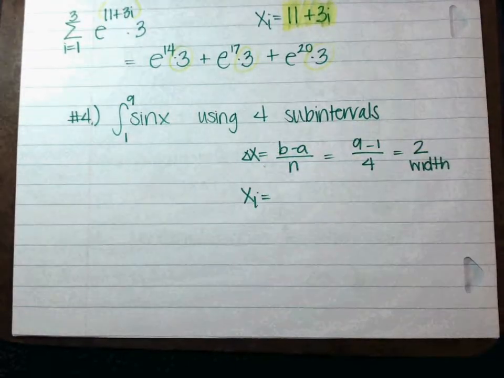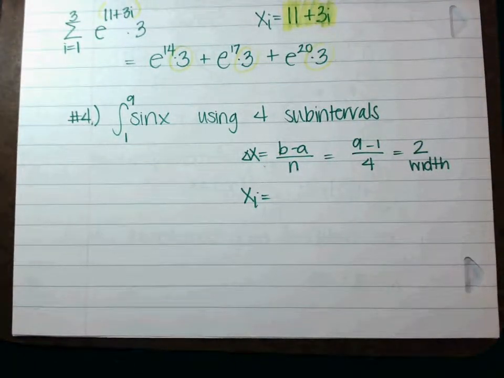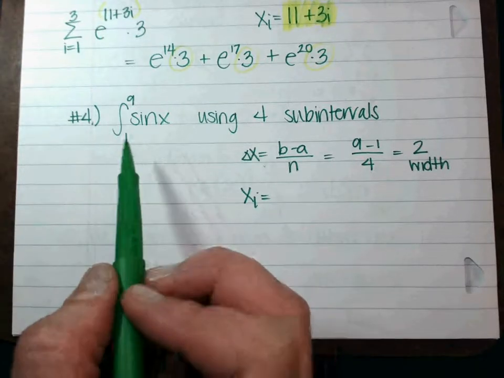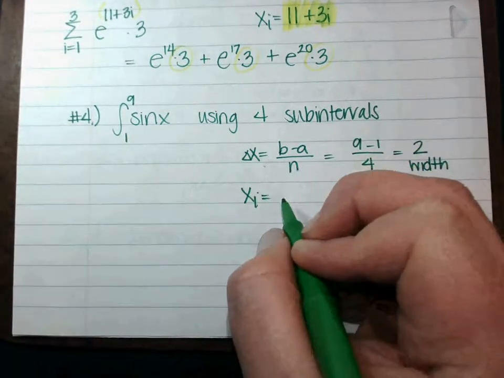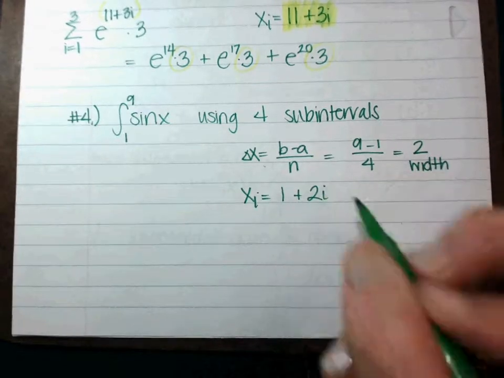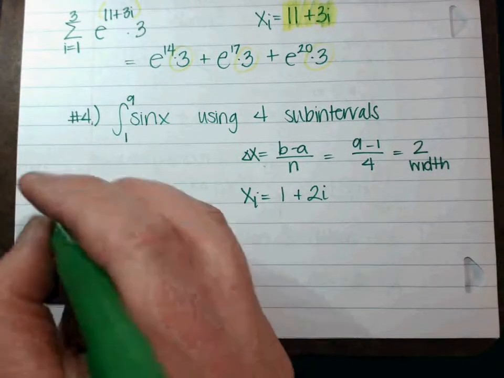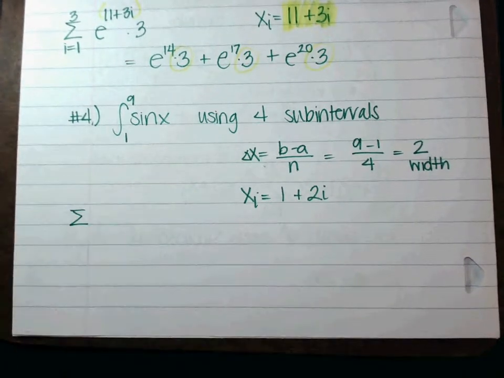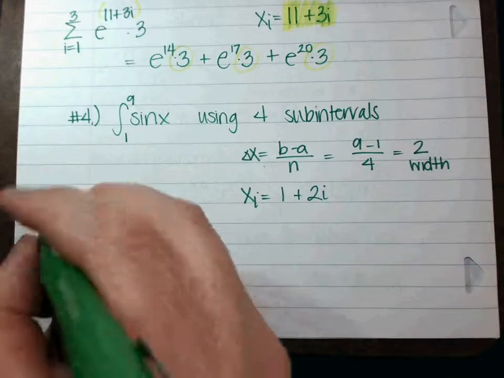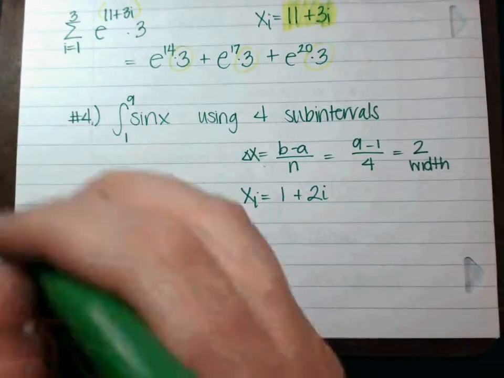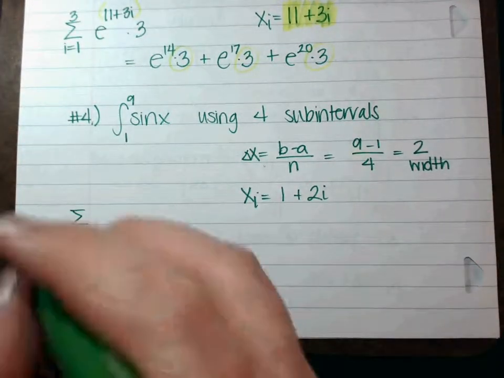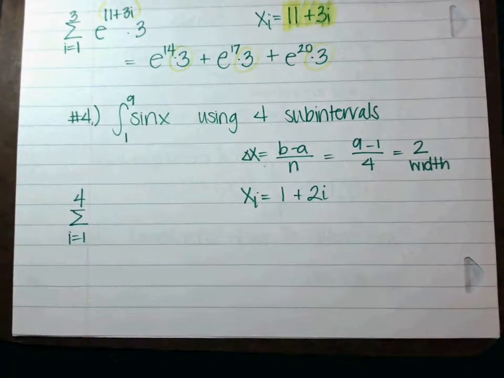Your x sub i, you are going to start where the shading starts. Where would I have started shading? 1. And what am I going up by each time? 2i. When you do the sigma, after you write your equation, you do not put dx or any kind of ending. You're right. i goes from 1 to how many subintervals this time? 4.